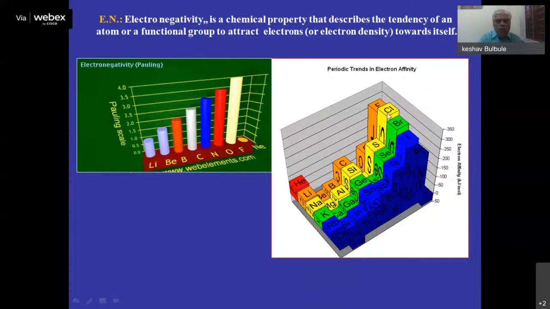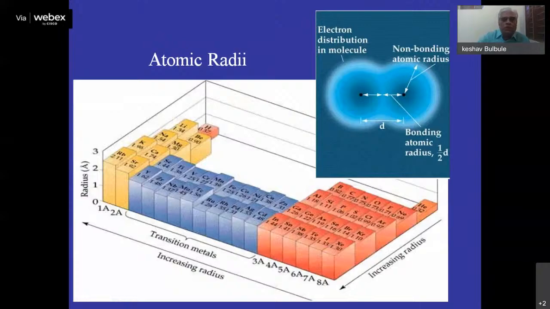And one more very important property that one should focus on is atomic radii. It is almost similar to the radius of any circle. What is radius of any circle? The distance between the center of the circle to any point on the circumference is called the radius.